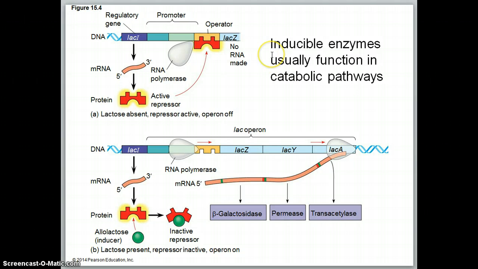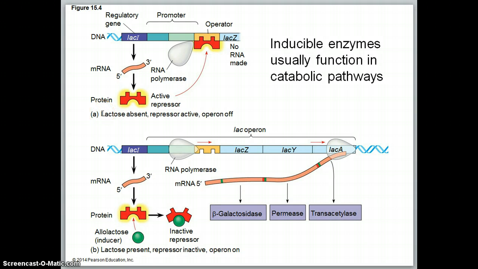So in this case, you have a regulatory gene, and this regulatory gene is going to allow for the production of mRNA, which is going to make a protein, and this is going to be a repressor. And when this protein is made, it's an active repressor, so it can instantly bind to the operator, that on-off switch, and not allow RNA polymerase to transcribe the gene. So this is what occurs normally.